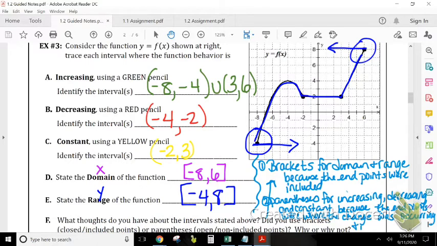And not included. All right, so hopefully that makes sense. So let's keep going here.